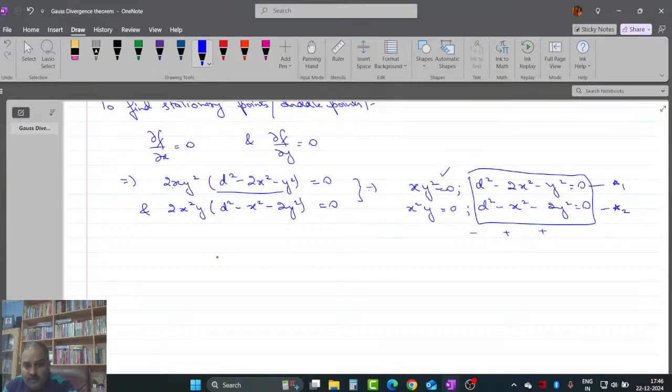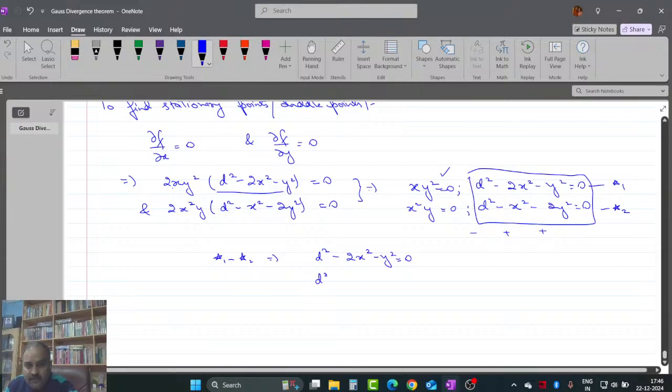So star 1 minus star 2: d² − 2x² − y² = 0 and d² − x² − 2y² = 0, minus positive and positive, so these two cancel out. Minus 2x² plus x² gives minus x², and 2y² minus y² gives plus y², equal to 0.